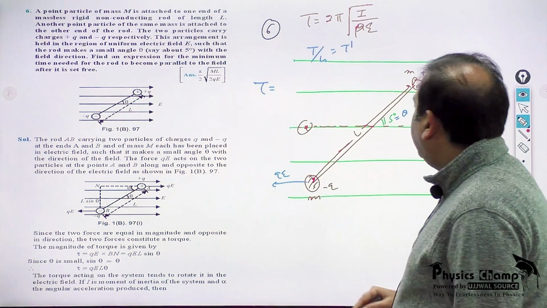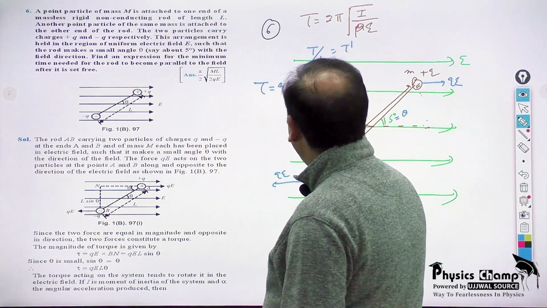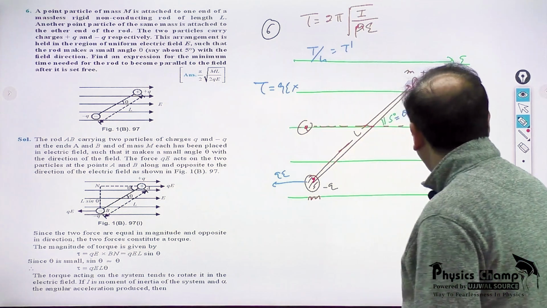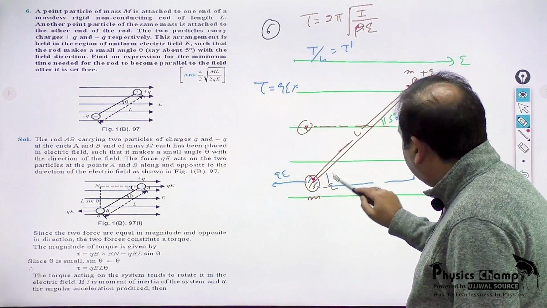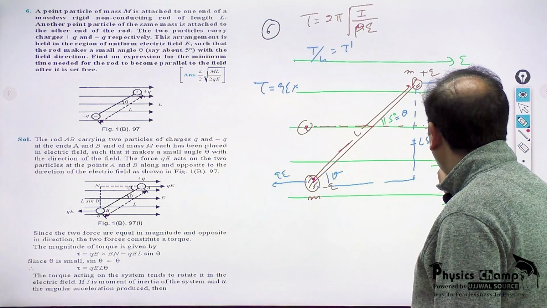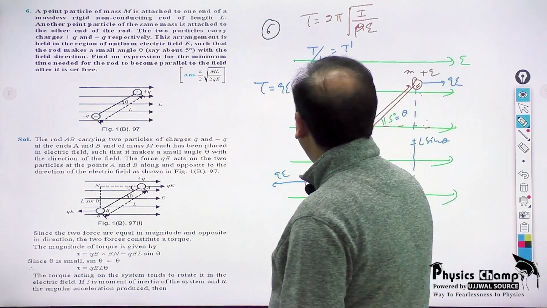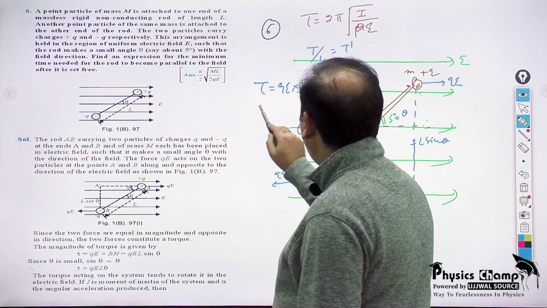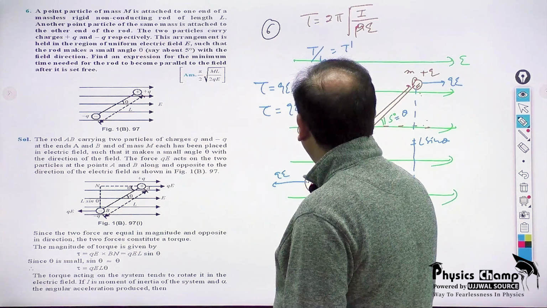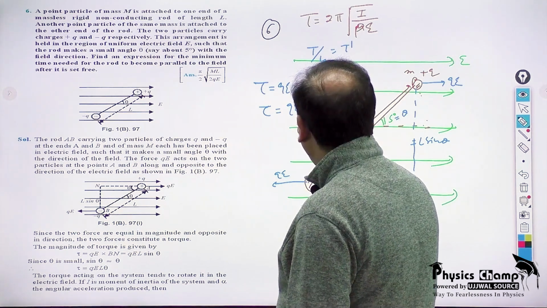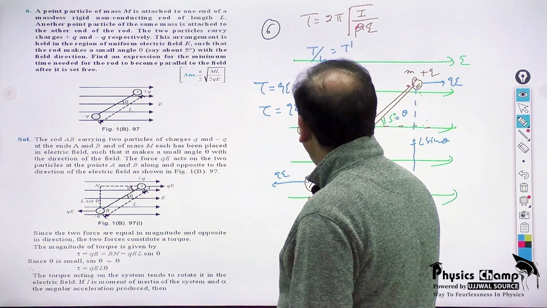So the torque will be one of the force qE into perpendicular distance between them. So the perpendicular distance between them, if this is L, this is theta, will be L sine theta. So into L sine theta. For small angle, L sine theta is taken as theta, qEL into theta.